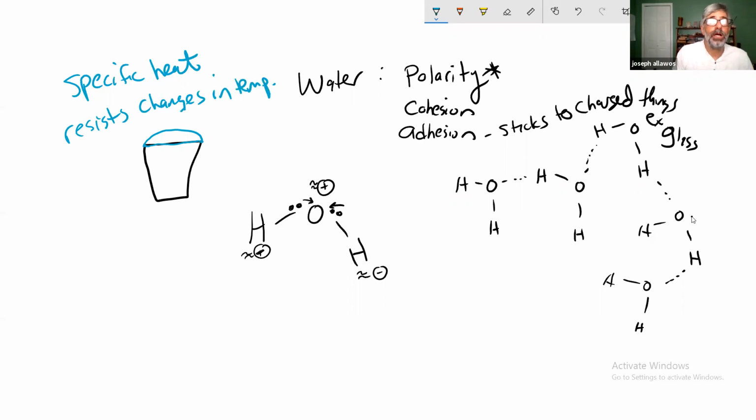Water heats up and cools down much more slowly than something like metal. And that means it has a very high specific heat. This allows us to maintain homeostasis. We don't heat up or cool down too fast because we're mostly made of water. If we were made of metal, we wouldn't have a way of really regulating our temperature as well. Okay, so these are all important things about water.